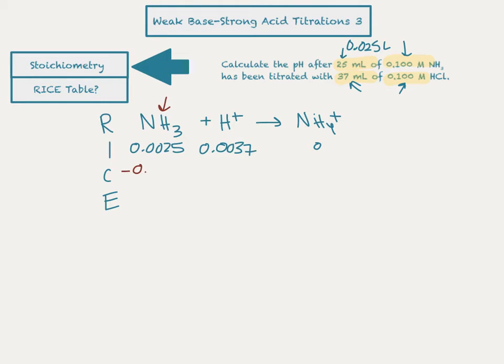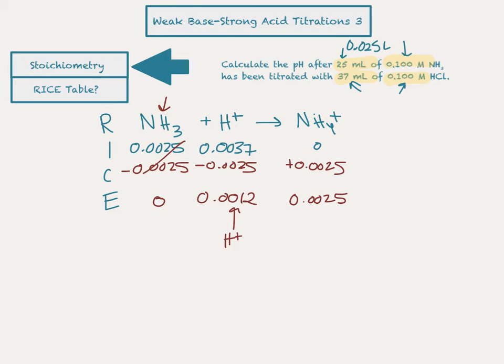So we'll subtract away the number of moles equal to the weak base, which leaves us with none of our ammonia left, and 0.0012 moles of our H plus left over, and 0.0025 of our weak acid, or rather the conjugate acid of our weak base.